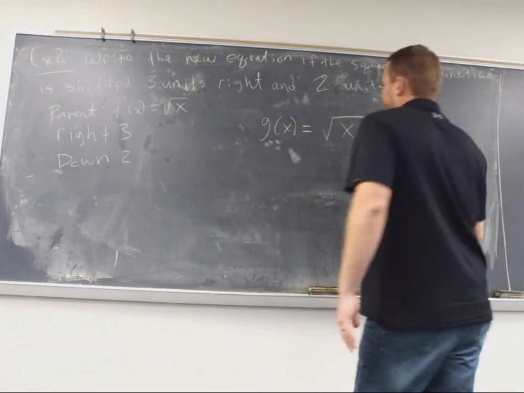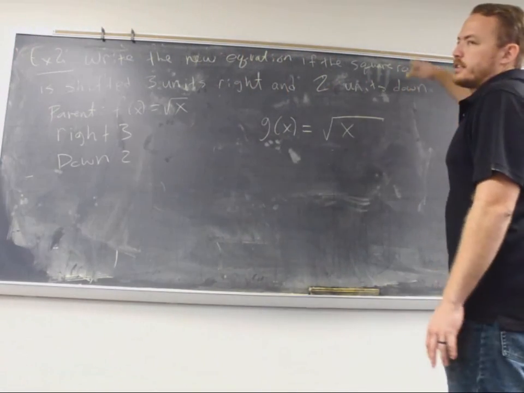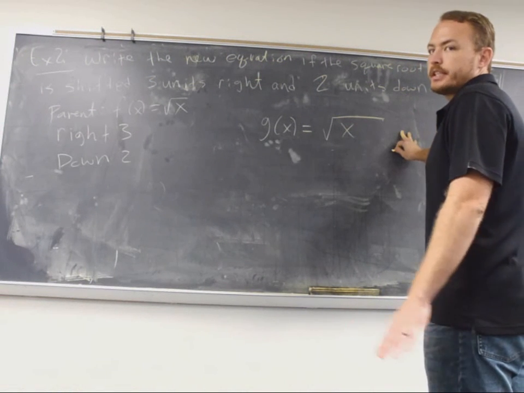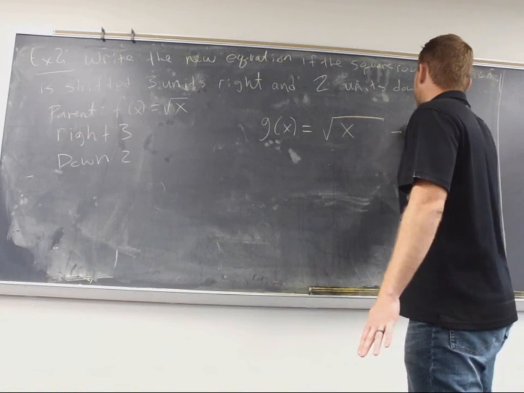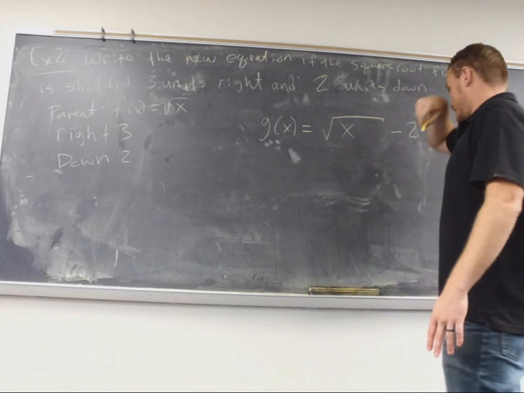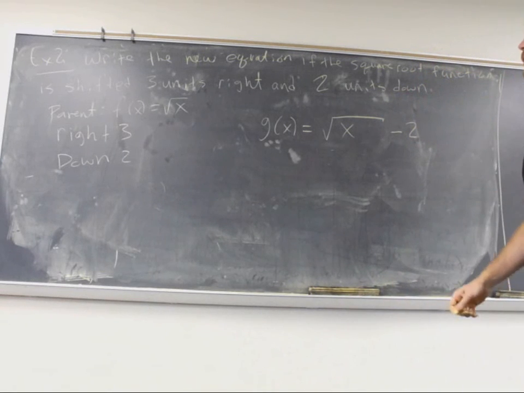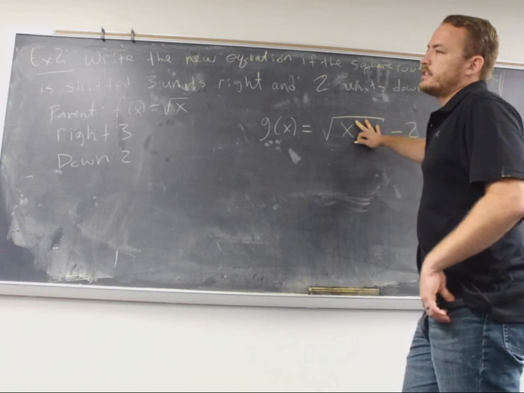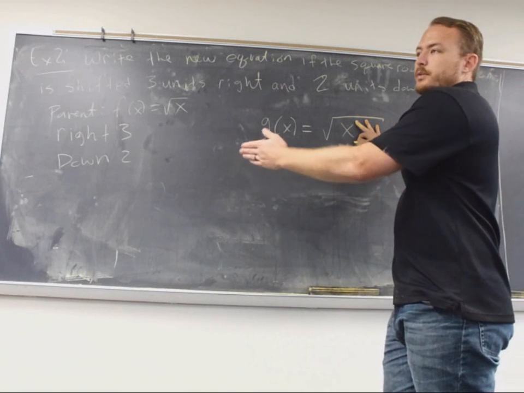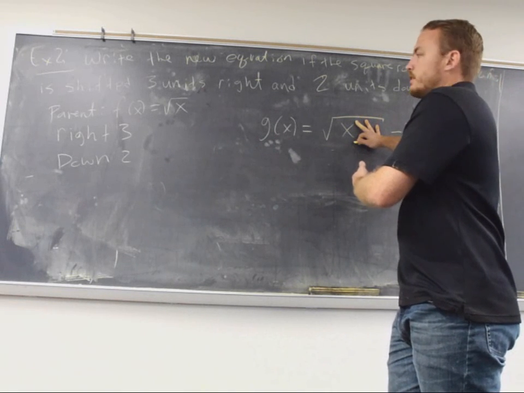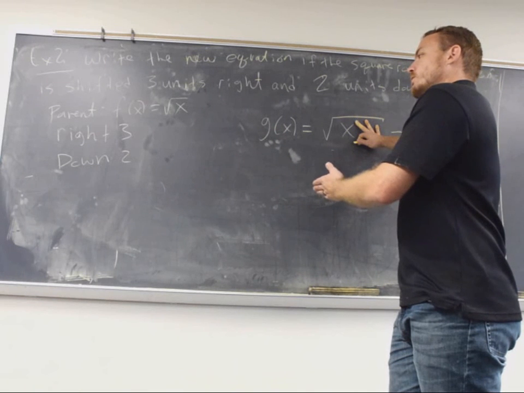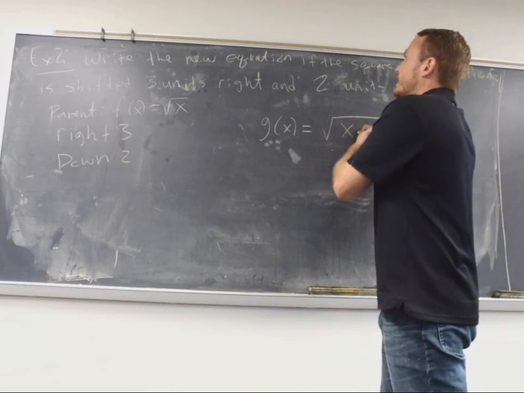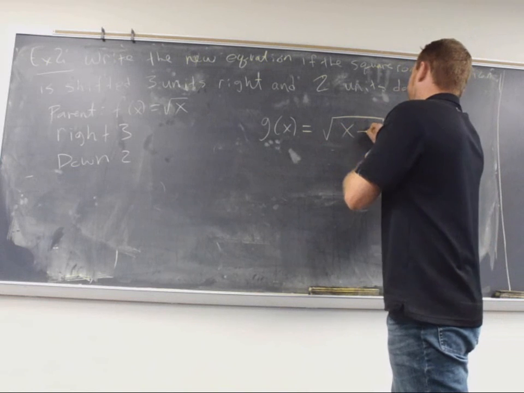So I'm going down 2 units, and it works the way I think it should work, so that's a -2. And then let's move to the inside. The inside is the horizontal, and it works opposite of how I think it should work. So I'm going right 3 units, and it works opposite, so -3.